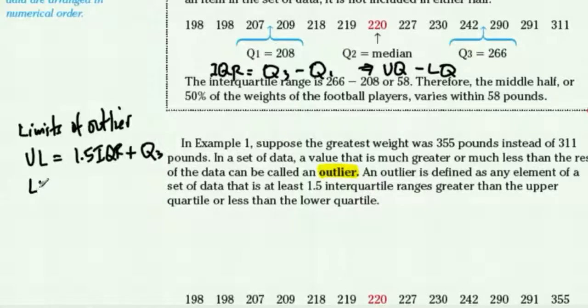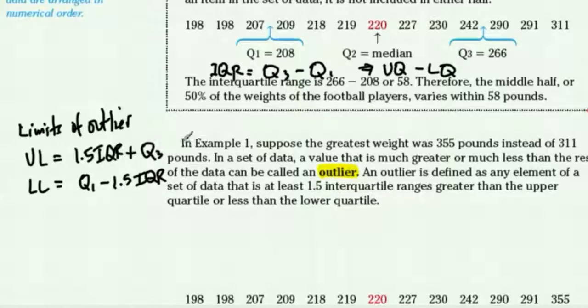The lower limit of your outlier will be your Q1 minus 1.5 times your IQR. Beyond these two limits, a value is considered to be an outlier. If it's beyond the upper limit, it's an outlier. If it's below the lower limit, it is also an outlier.